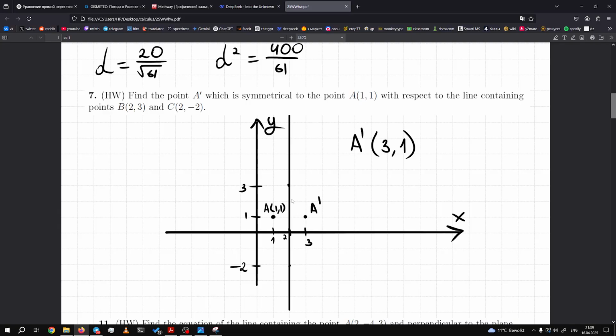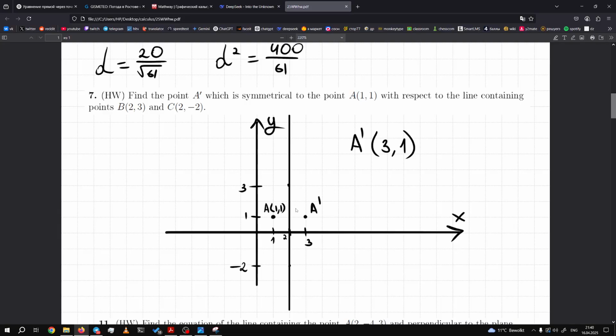Next task. Find the point A which is symmetrical to the given point with respect to the line containing points B and C. We can do it by drawing a graph. This is our graph. This is the point with coordinates 1, 1. Look, 1, 1.